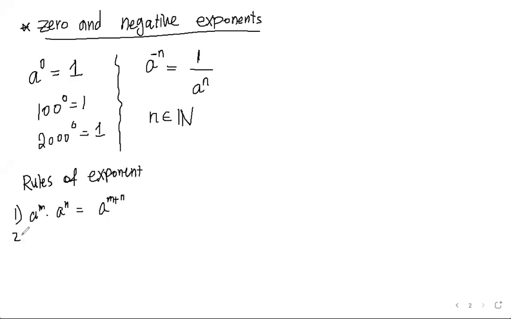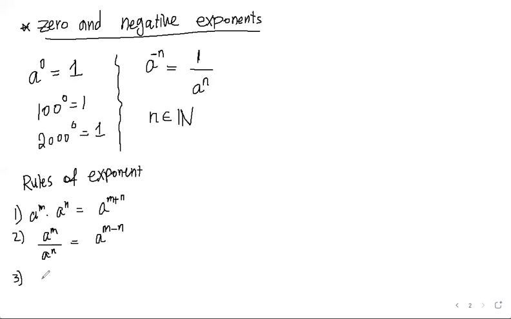Second rule, I said a to the m divided by a to the n, because we have the same base and the exponents are different, this is equal to a to the m minus n. We subtract the exponents.